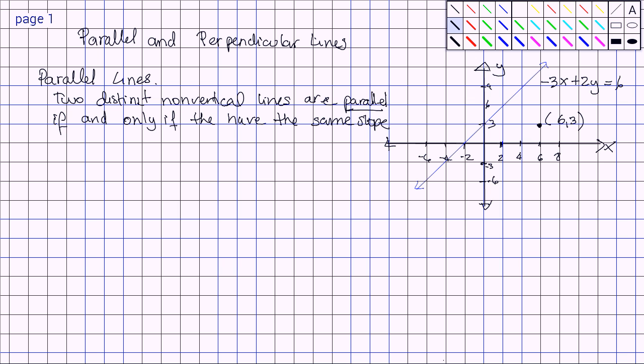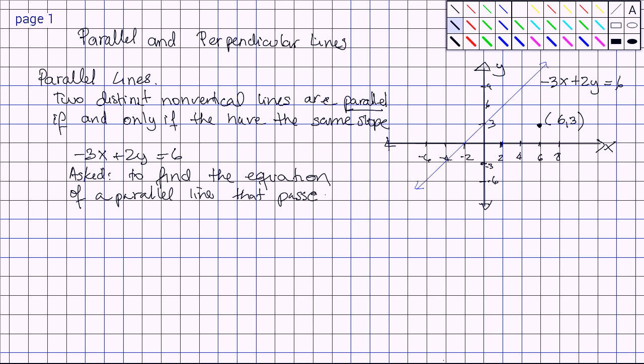So again, we are given the equation, negative 3x plus 2y equals 6, and we are asked to find the equation of a parallel line that passes through the point with coordinates (6, 3).